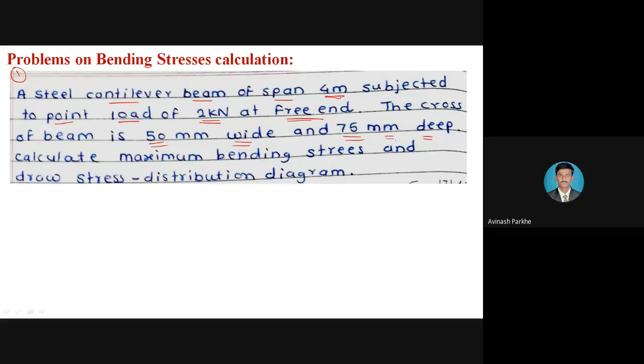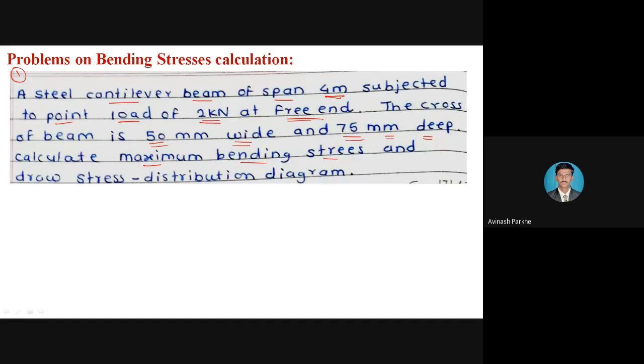Wide and deep means it may be a rectangular cross section, because 50 mm wide means B is given, and 75 mm deep means small d or capital D is given. That means it is a rectangular section. Calculate maximum bending stress means we have to calculate the sigma and draw the stress distribution diagram.